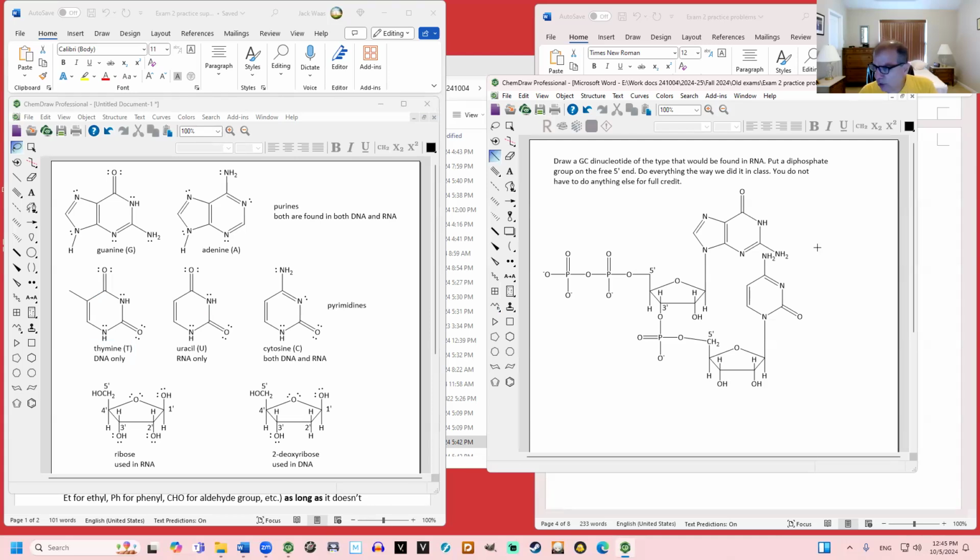This is something covered in high school biology, so I don't think that's asking very much. But yes, I admit I have the advantage of speed. I can draw these things pretty quickly, but that is how you'd put together the dinucleotide. And that's pretty much it.